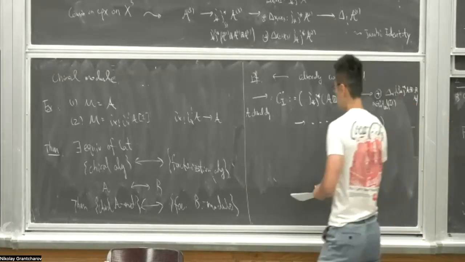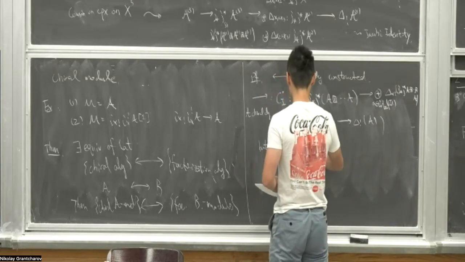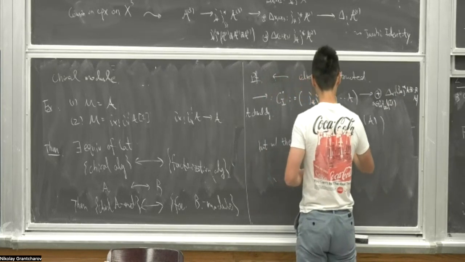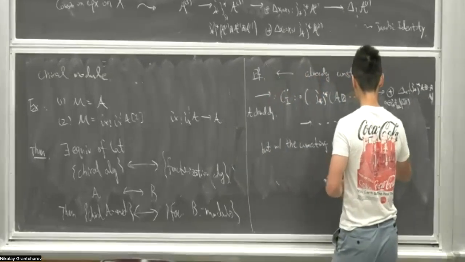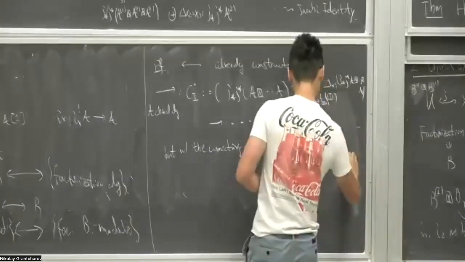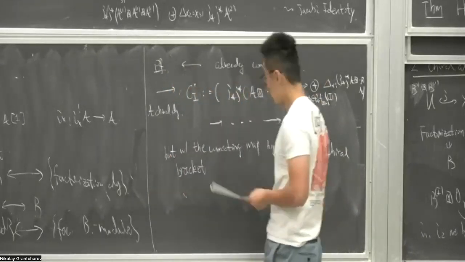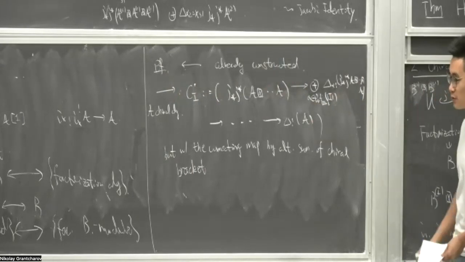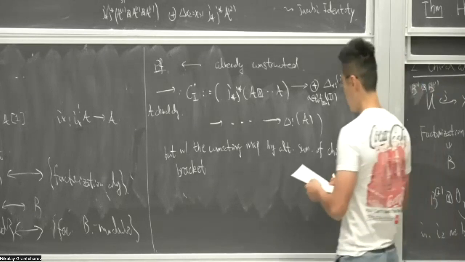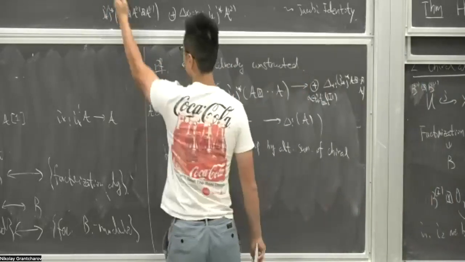But with the connecting map, by alternating sum. So that's why, from this point of view, this is sort of like a chiral complex. But again, it's actually the same sequence.